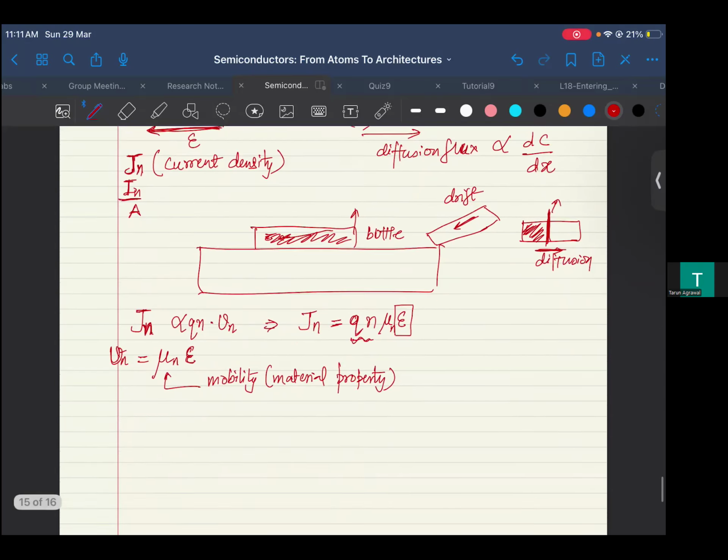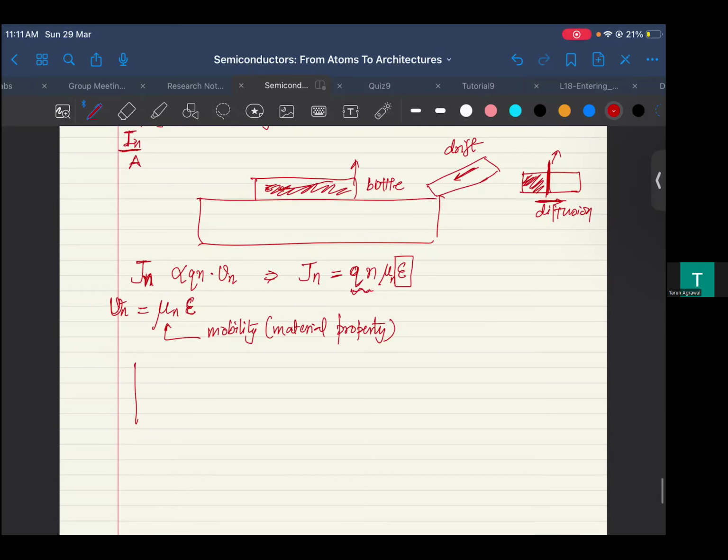Now let's look at what is happening in the case of holes. Is this also true in the case of holes? So when we have holes and you apply an electric field, whichever direction we apply it, which direction would the current be? This is going to apply a force in this direction, F equal to QE.